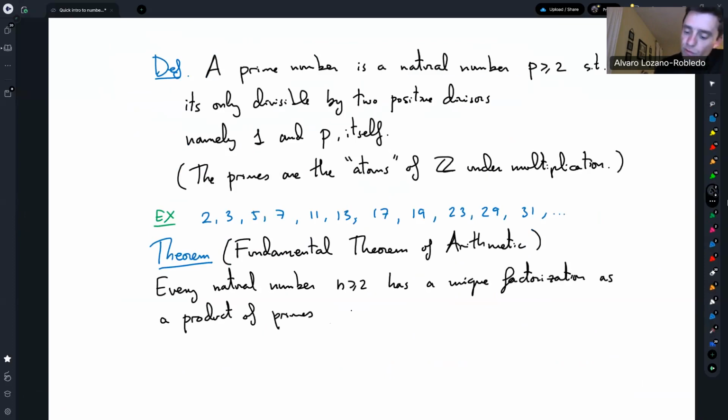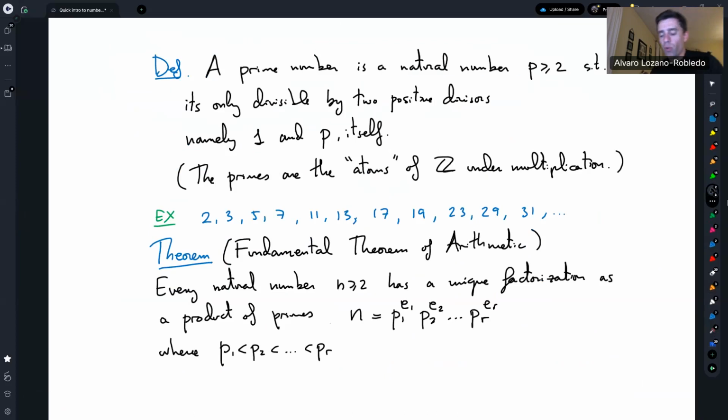In what format? N is p1 to the e1, p2 to the e2, through pr to the er, where p1 is less than p2 is less than pr, all prime. So we order them like this.